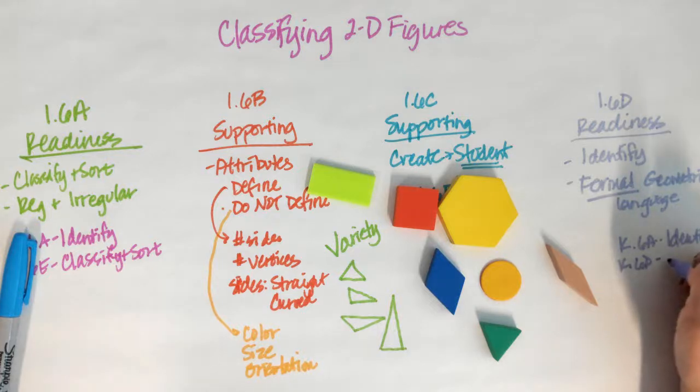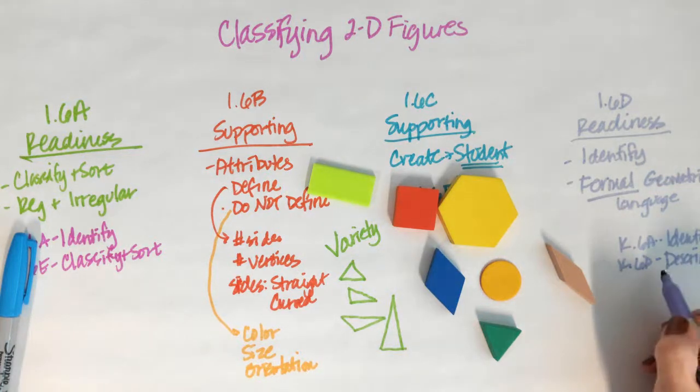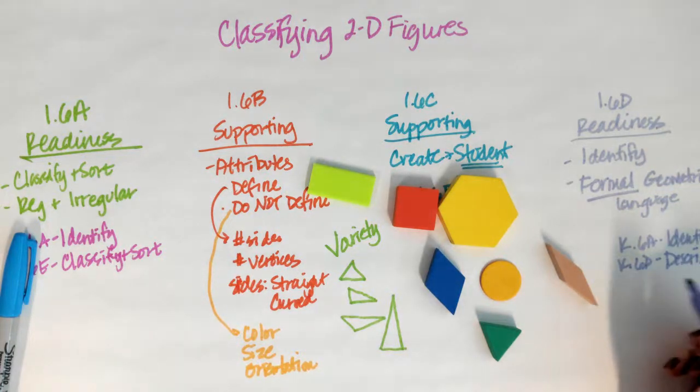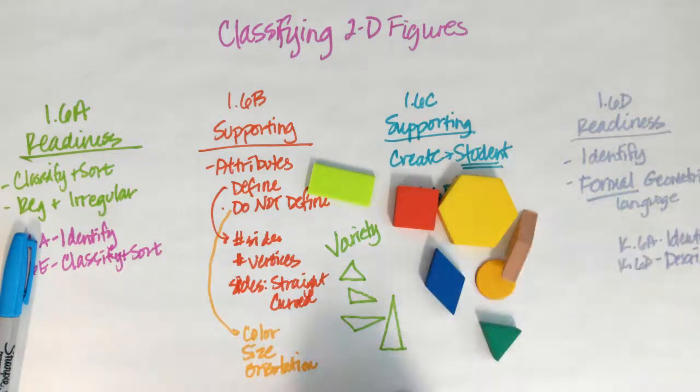So this is their describing. But notice, in their standard, they were able to use formal and informal language interchangeably. Here, we expect them to use formal. So that's how we've moved beyond what the kindergarten standard is. In addition to adding 2 additional figures, we also are expecting to be able to use formal language.